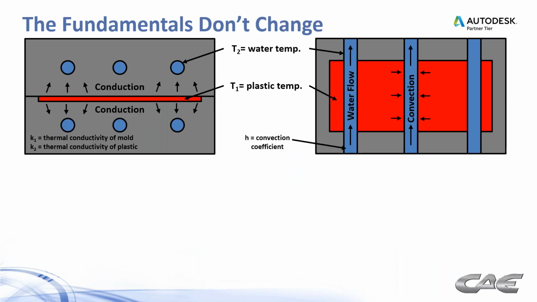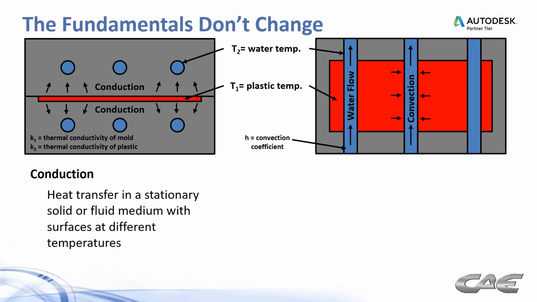So again, the fundamentals don't change, right? It's the way we get heat out of the mold. It's a heat exchange system. It's a heat exchanger. Two modes of heat exchange are conduction and convection. On the left, we have conduction. That's the heat transfer between the two surfaces through a medium, two surfaces at different temperatures.